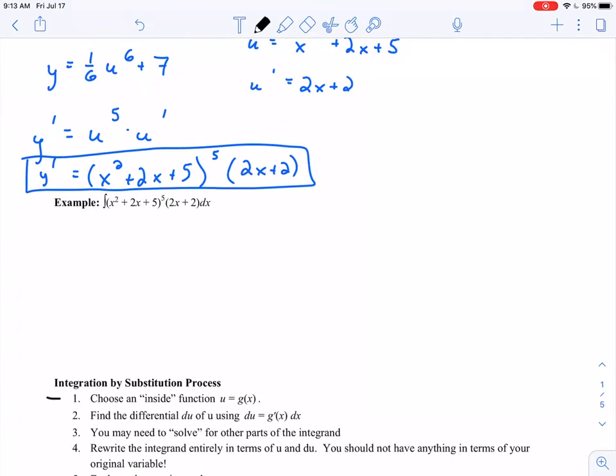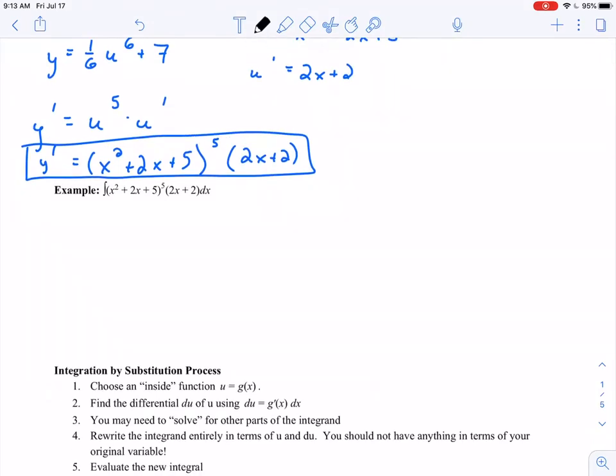Just like we did with the chain rule, you're going to start by choosing a so-called inside function, and we'll use u equals g of x. Sometimes this is even called u substitution. So you're going to pick an inside function. If I'm looking at this next integral, your inside function here might be a little bit more difficult to pick out, because you have (x squared plus 2x plus 5) to the 5th power, and you have this 2x plus 2, both of which are inside parentheses.